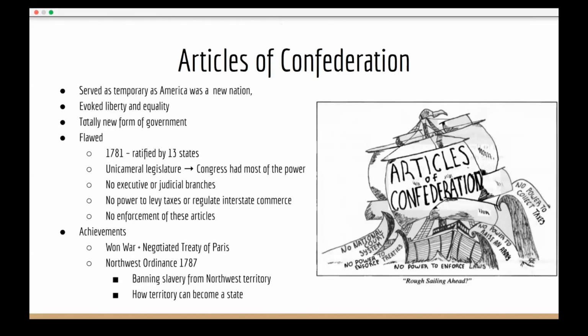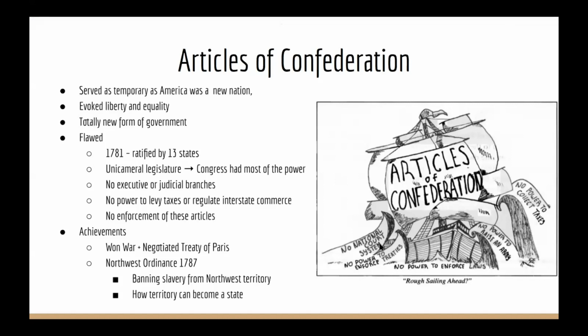Yeah, so basically the picture on the right is to show you how unstable the Articles of Confederation was. We see the waves almost rocking the ship, almost taking over the ship, right? So all these words on the water show the flaws of the Articles of Confederation.